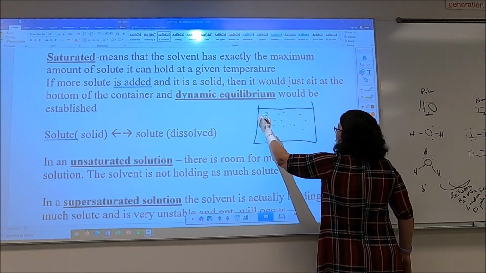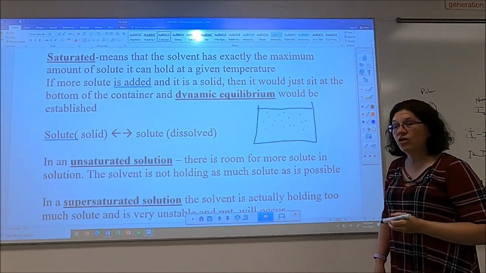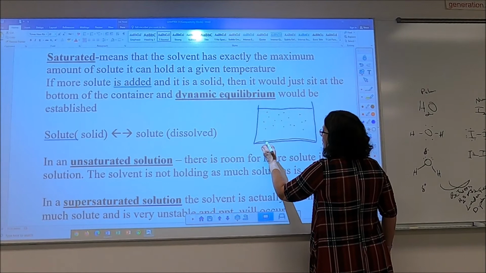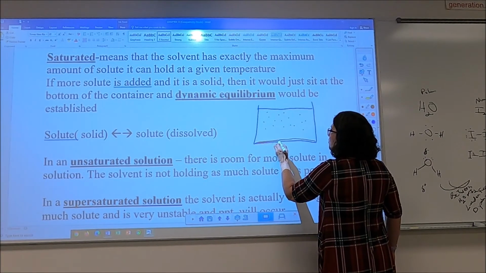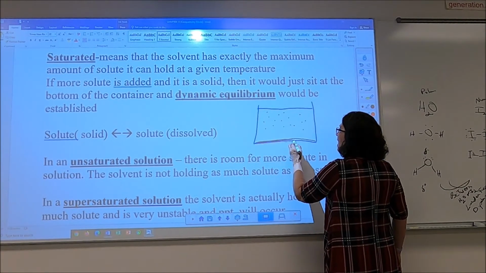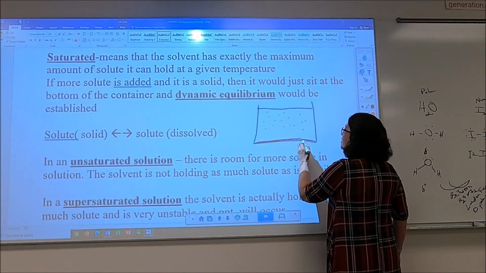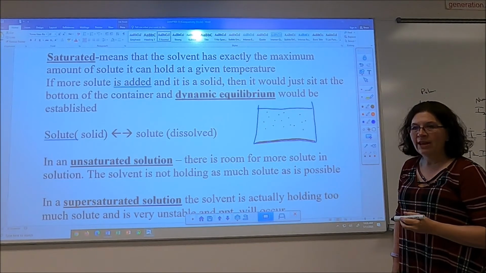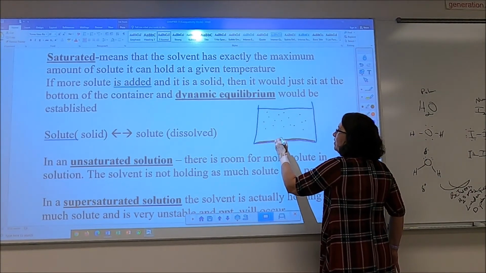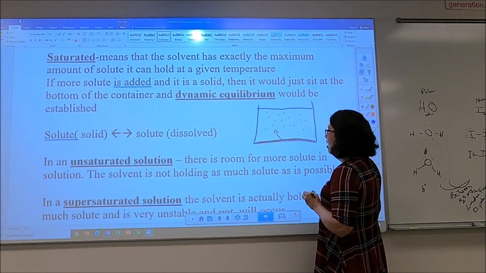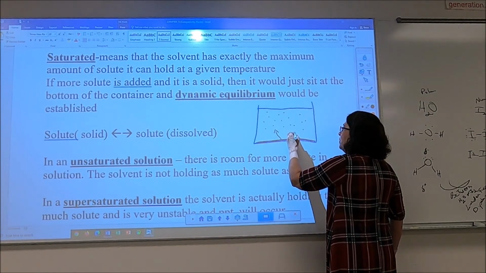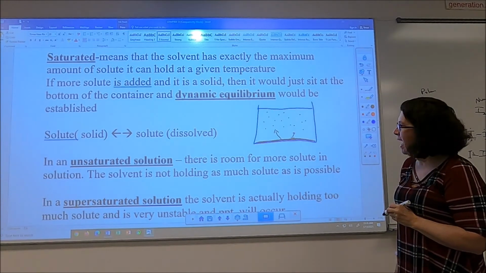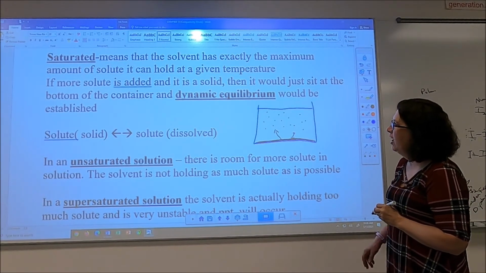my little black dots here are the solute dissolved in the solvent. Okay? When I dumped in some extra solute, it just ends up sitting as solid on the bottom. For every particle that jumps from that solid and tries to dissolve, one from the liquid comes down, hits that, and gets stuck.